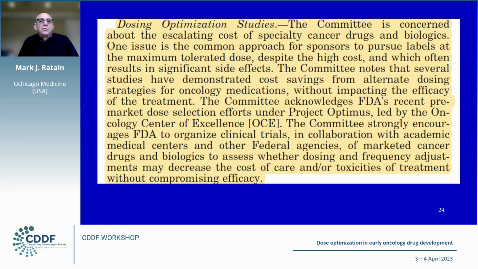This goes on to mention Project Optimus and acknowledge the work that was done there, and states the committee strongly encourages FDA to organize clinical trials in collaboration with academic medical centers and other federal agencies of marketed cancer drugs and biologics to assess whether dosing and frequency adjustments may decrease the cost of care and or toxicities of treatment without compromising efficacy.